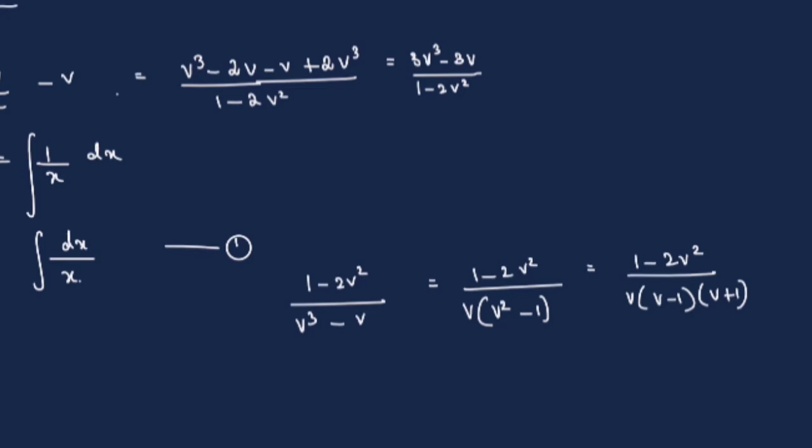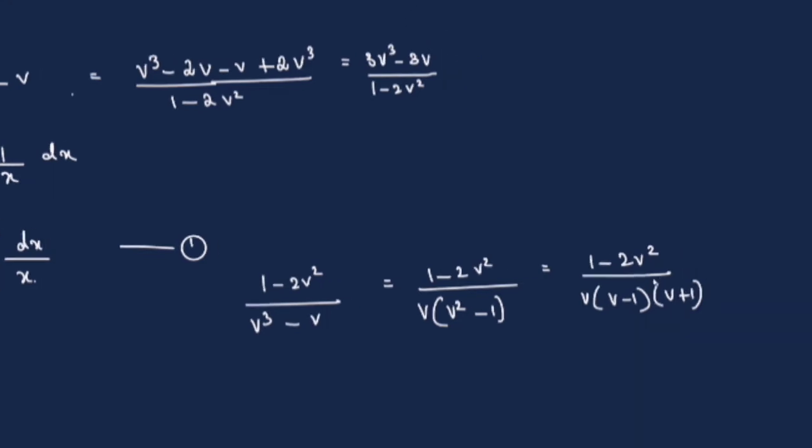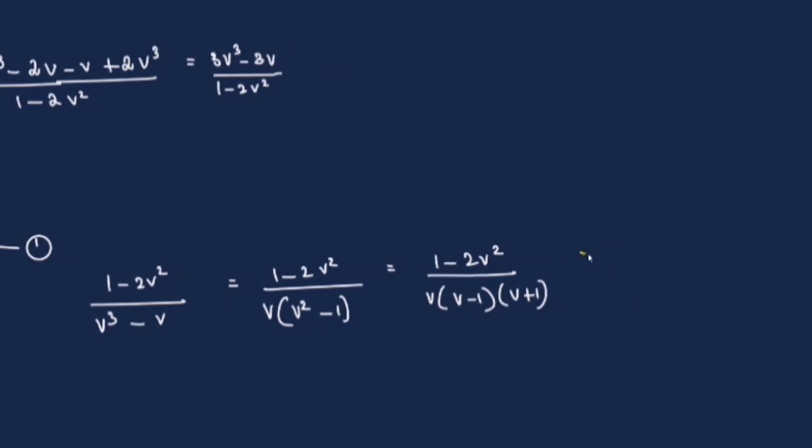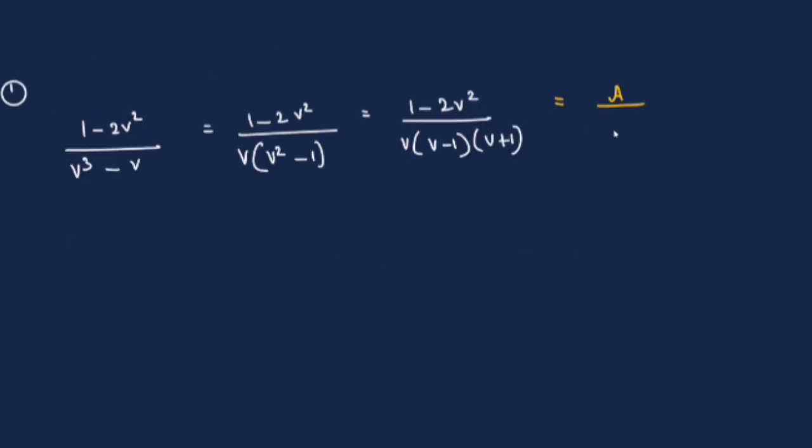So we can split this into partial fractions. There are 3 factors here. So this is equal to A by v plus B by v minus 1 plus C by v plus 1, split into partial fractions.